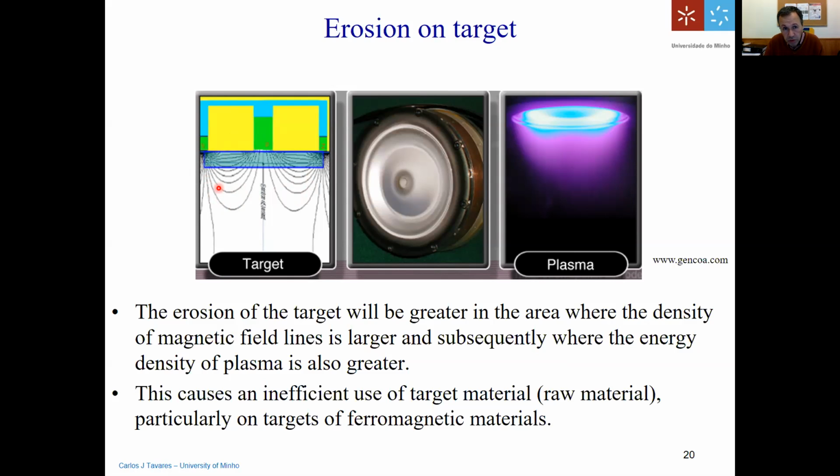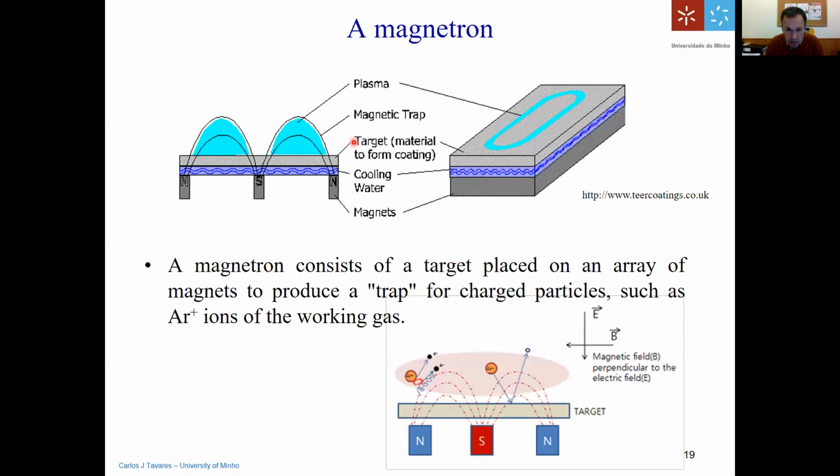If you want to place one here and one exactly beside it, then you have to take into account that the polarities have to be switched, because if you have north, south, north on one magnet, then the other magnet that you place here has to have south first, so that you can close the field lines around the two magnetrons, and you will make a better dark space here, which is the space where we have a higher probability of enhancing the ionization of argon, okay?